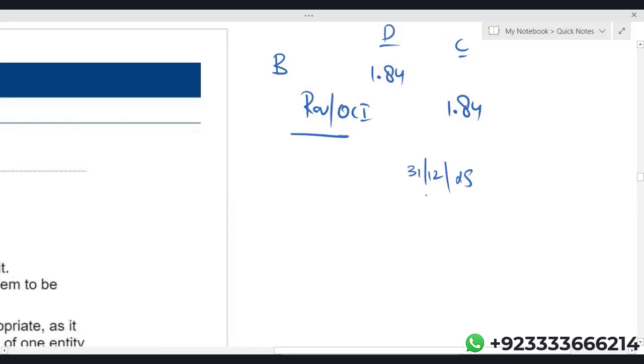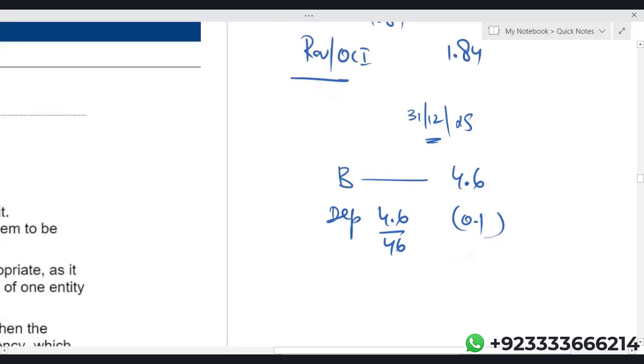So December X5, before selling the building, we have to calculate the carrying amount, 4.6. Depreciation will be 4.6 divided by 46, 0.1. So the carrying amount of the building is 4.5.